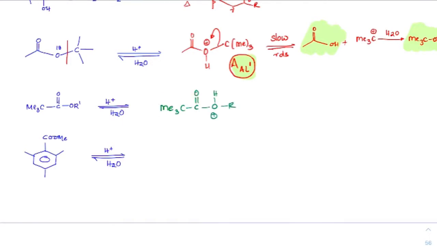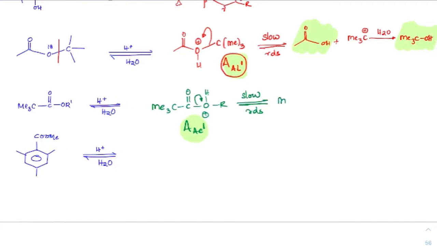Because this side is bulky and can also form a stable carbocation, the bond will break to this side. And bond breaking of acyl and alkyl will always be the rate determining step. So what is it breaking now? You are breaking an acyl bond in an acid catalyzed mechanism, and only one molecule is involved. So it will be an AAC1 type of mechanism.